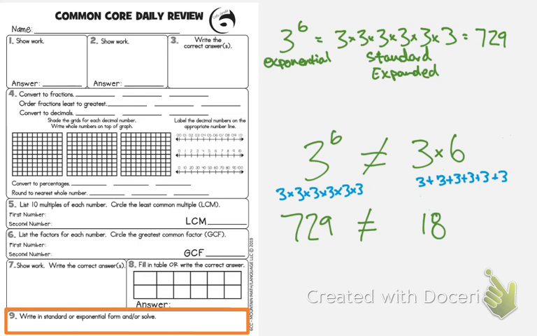So if you have worked out a really big exponential problem and you get a small number, you might want to go back and think about whether you repeated addition or repeated multiplication, because exponents are always working with repeated multiplication.